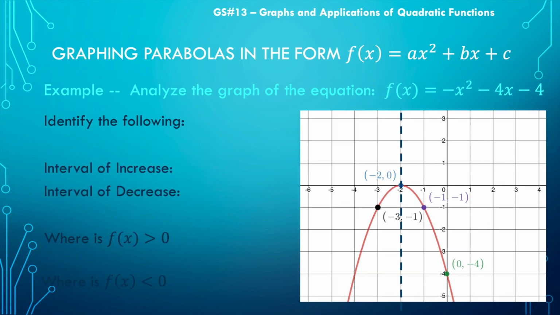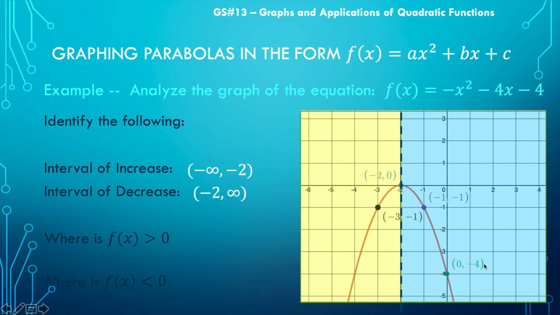All right, let's do the intervals of increase, decrease, and where the function is greater than and less than 0. Shading our intervals of increase and decrease always helps. So on the left we have where the graph is increasing. The domain of this left-hand side will be from negative infinity to -2. And the interval of decrease will be from -2 to positive infinity.